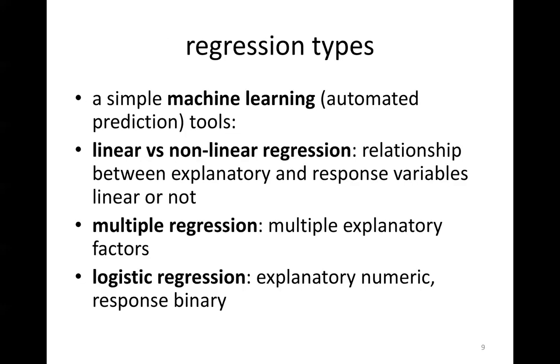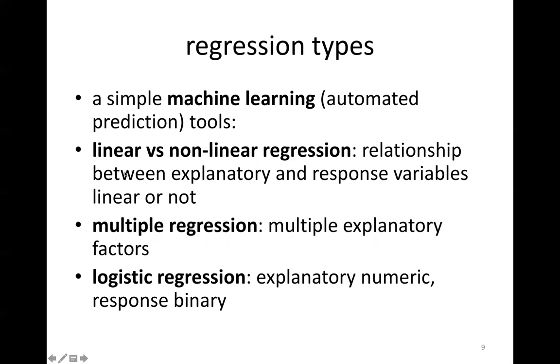Whereas regression is a tool for prediction. It's actually one of the simplest ways of machine learning. You could also say automatic prediction based on data, a tool to make a prediction. And it comes in different types.